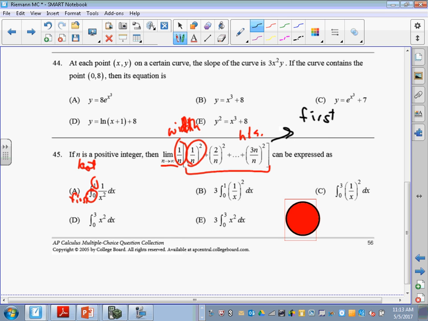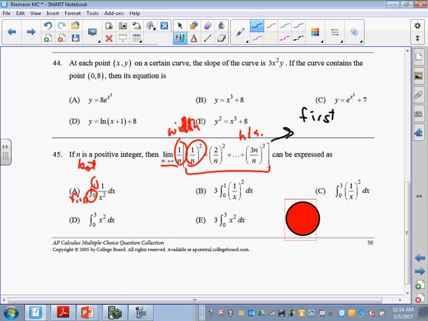If n goes towards infinity, this represents the height of the first rectangle, the second, the third, the fourth, the fifth. We have to do that an infinite number of times, right? And then we get that shaded region because we've done so many, it fills up the whole page, right?